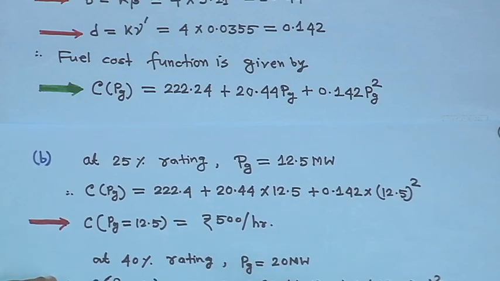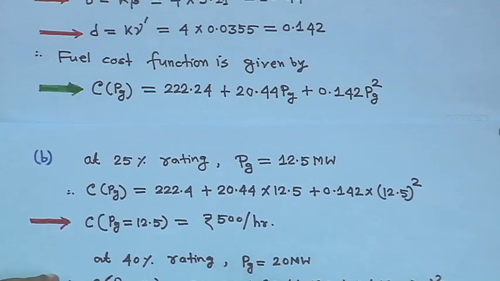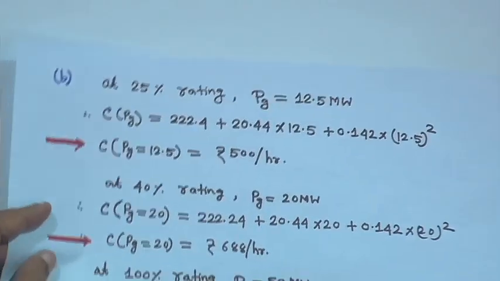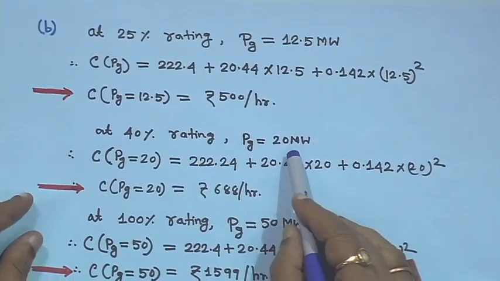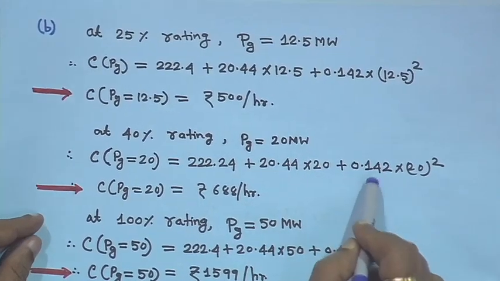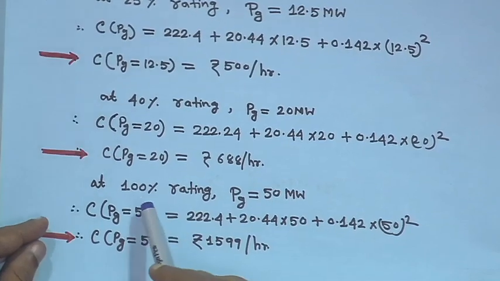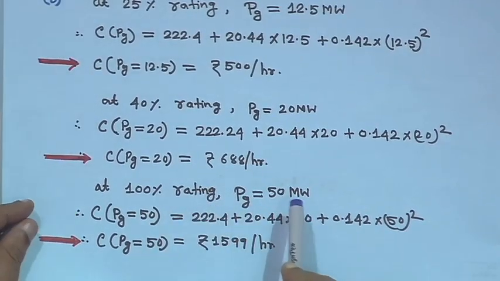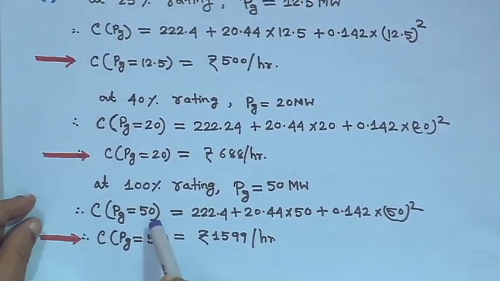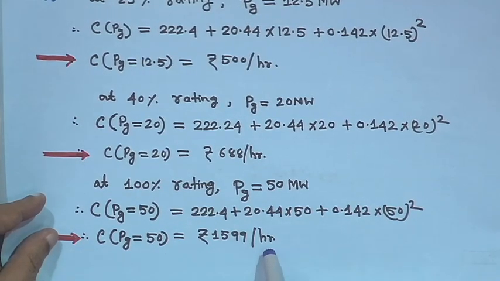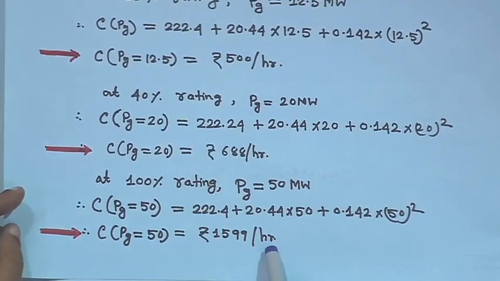This will give you a feeling of how you can go about solving such things. Similarly, at 40% rating, Pg of 20 megawatt put in that expression, you will get rupees 688 per hour, and at 100% rating, when Pg is equal to 50, you will get rupees 1599 per hour. This is C(Pg), right.